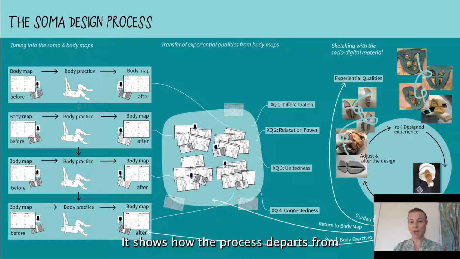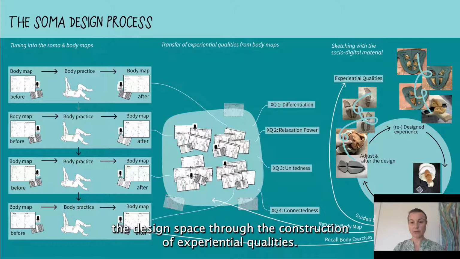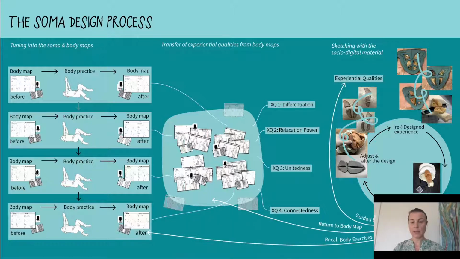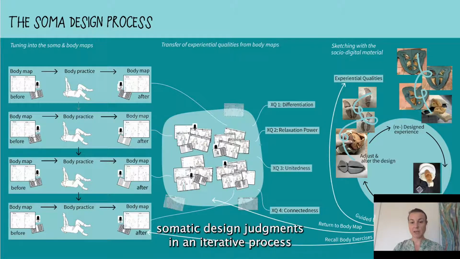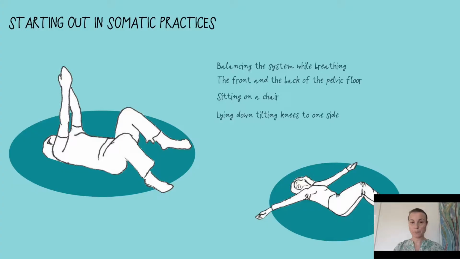It shows how the process departs from somatic experiences centered on the pelvic area, which opens the design space through the construction of experiential qualities, exploring material affordances. Here the pelvic floor itself is used to make somatic design judgments in an iterative process until the experience that can carry the guiding qualities are found.